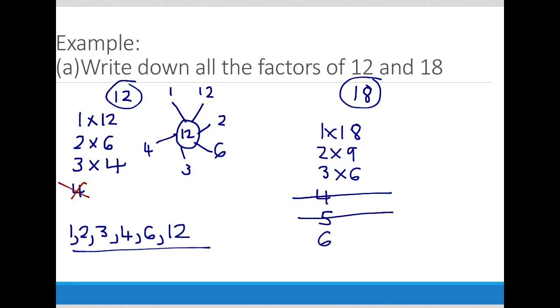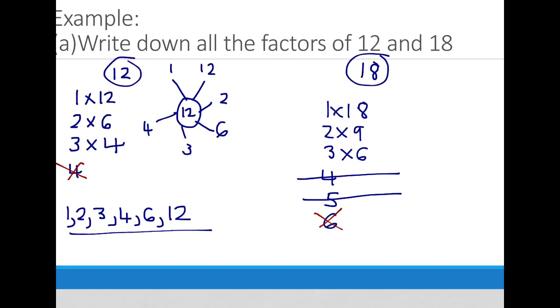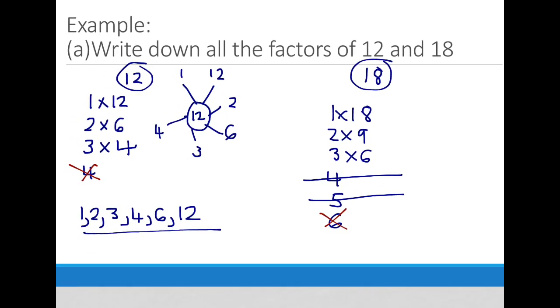Oh, hold on a moment there. Got 6 already, so that's it. I've got back to the beginning there. So here I'm now going to go for writing my list out. 1, 2, 3, 6, 9, 18, and there's all of my factors of 18.